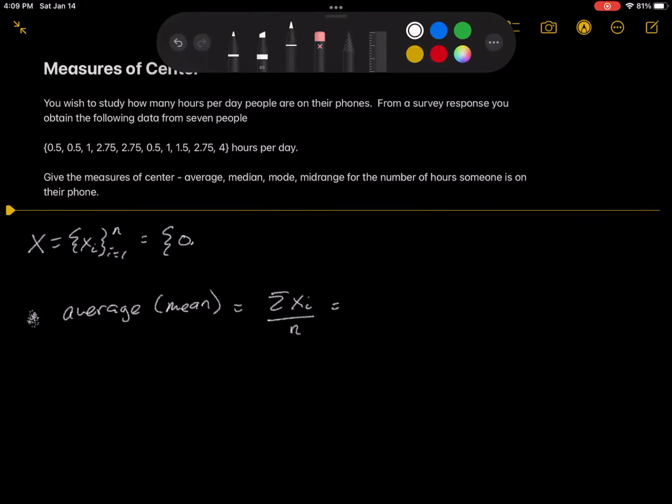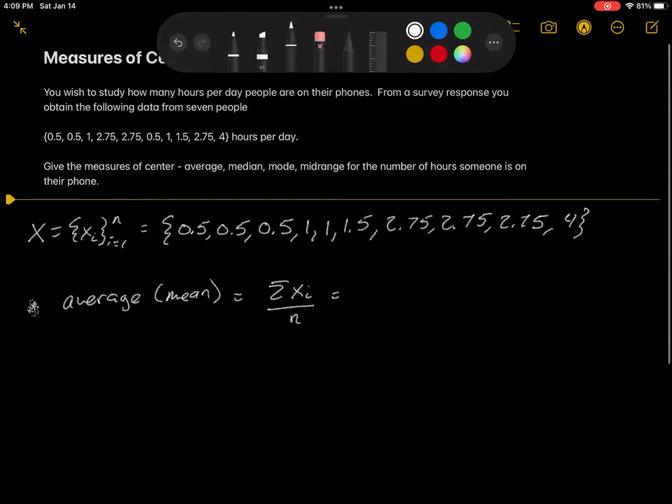We've got 0.5, another 0.5, and another 0.5. We have 2 ones, a 1.5, 2.75, 2.75, 2.75. And the 10th person said that they use their phone 4 hours a day.